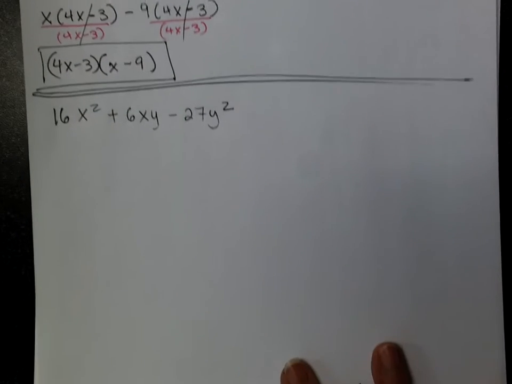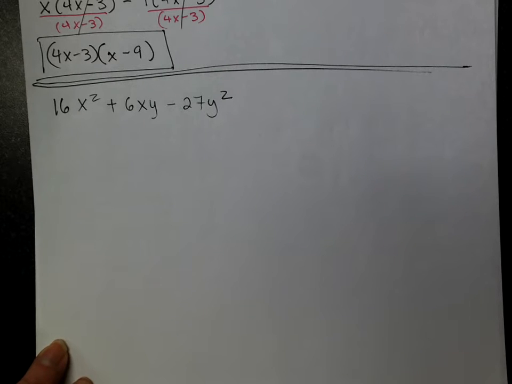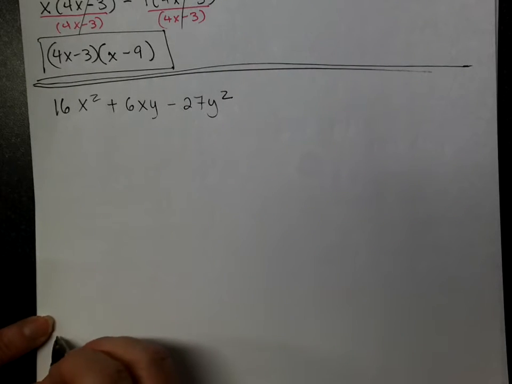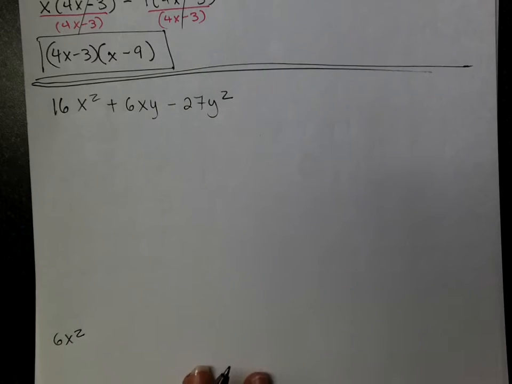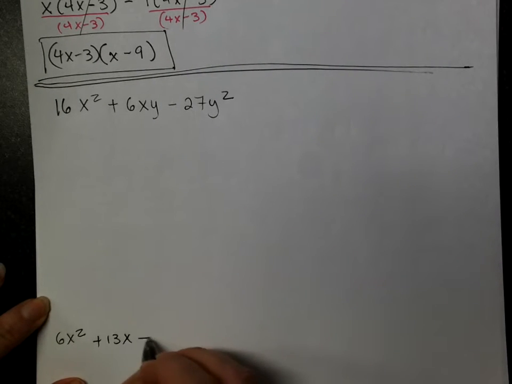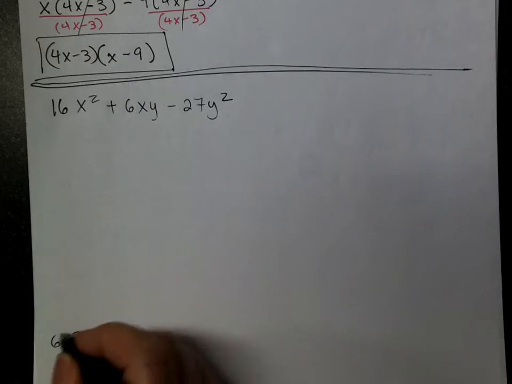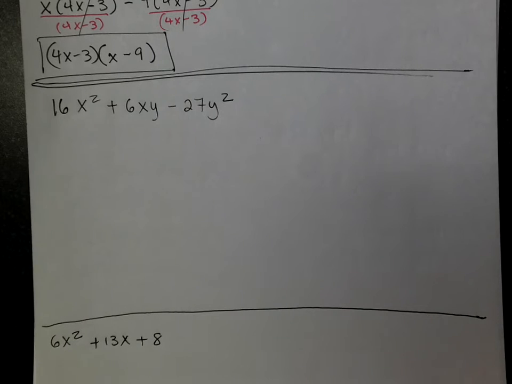I'm also going to put one other up here, so if you finish that one, you can jump down to one last one. Then we're going to move to a new technique. Let's do also 6x squared plus 13x plus 8. That's a separate problem.